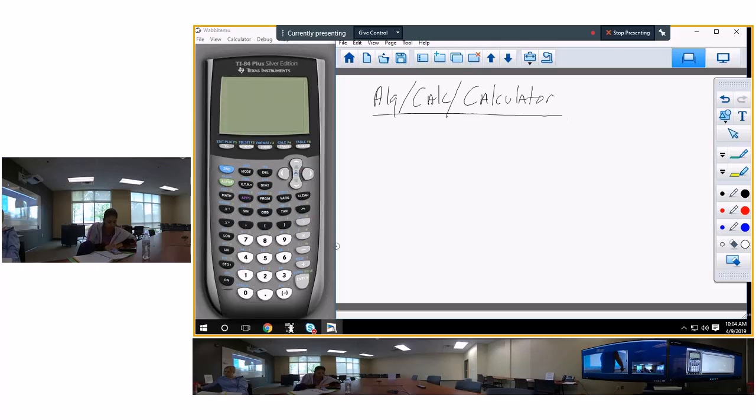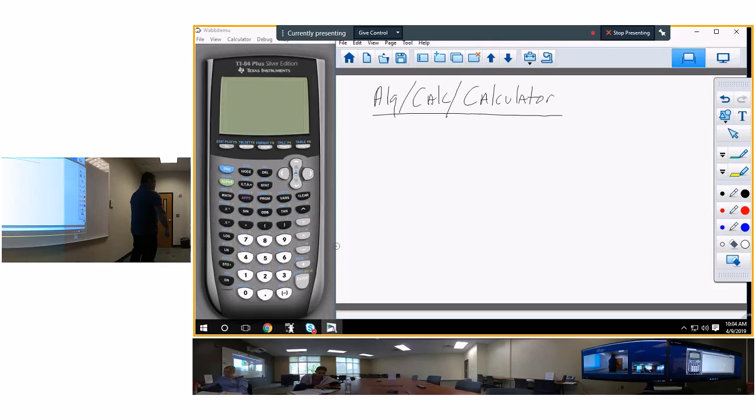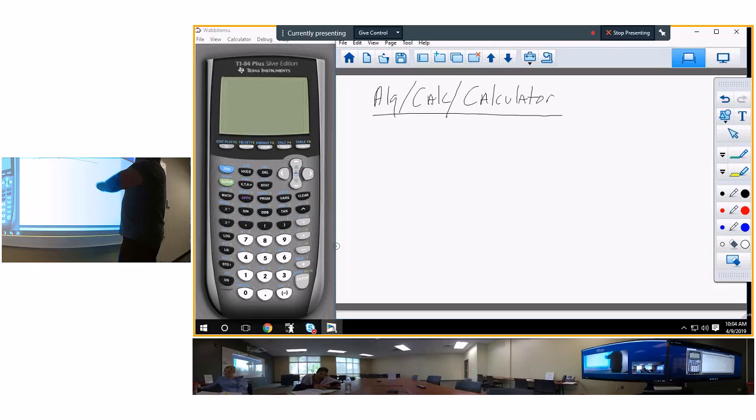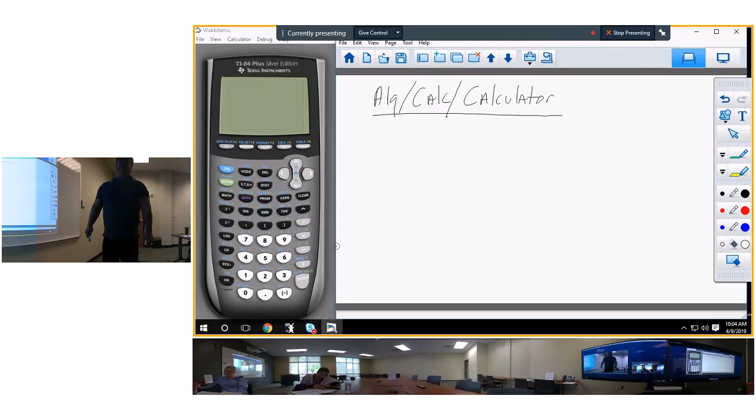If you can do those three things, you should be able to do 4.2 and 4.3. If you're able to work your calculator, graph, trace, find the y-intercept, the x-intercept, whatever the case may be, and you can do the algebra and the calculus, taking the first derivative, then you're good.